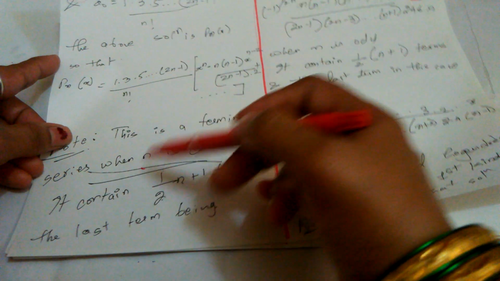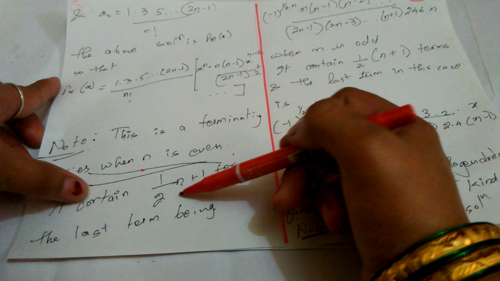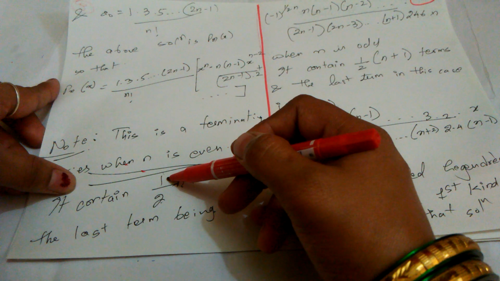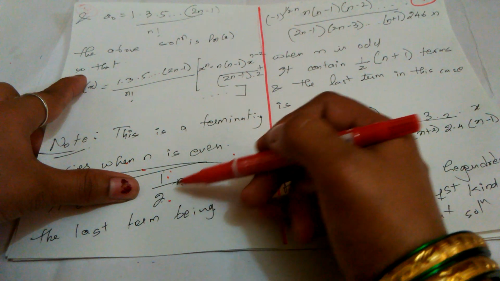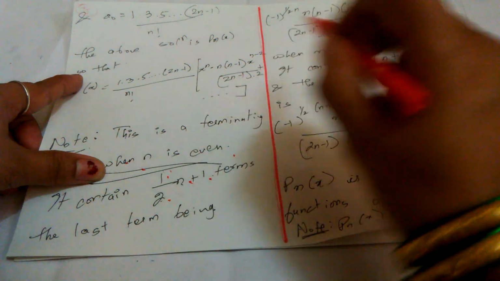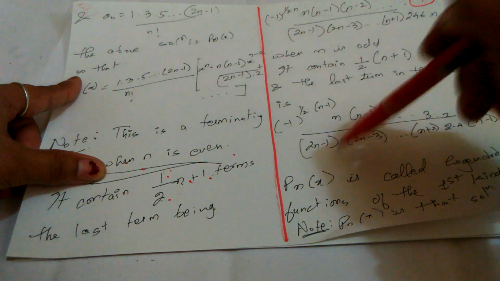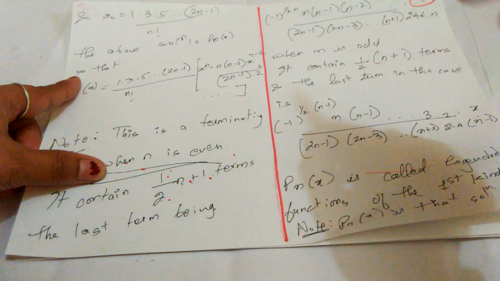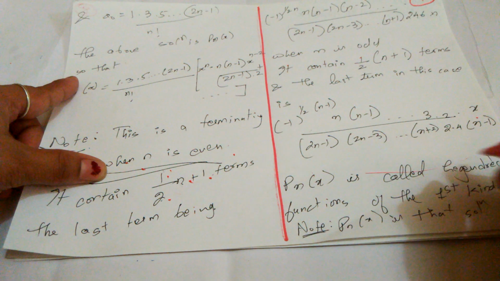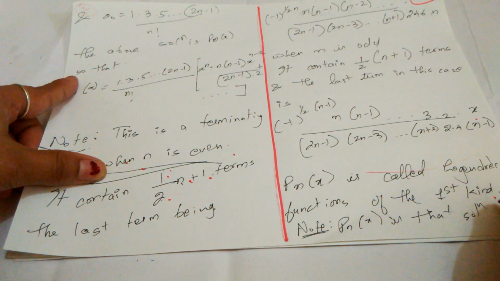So for n is even, we had a term 1 upon 2 n plus 1. Okay, so we have got the solution when n is odd, so we have got this solution. So we are getting that P of n is a Legendre's function of first kind, and here in this part, hence we have proved.